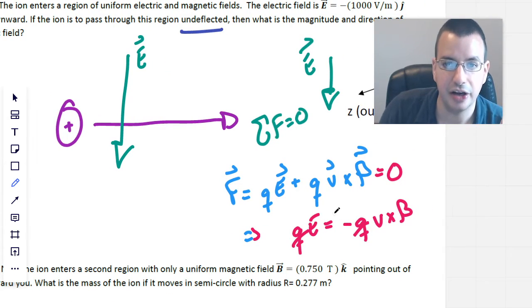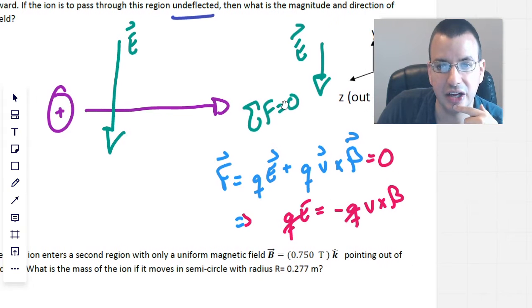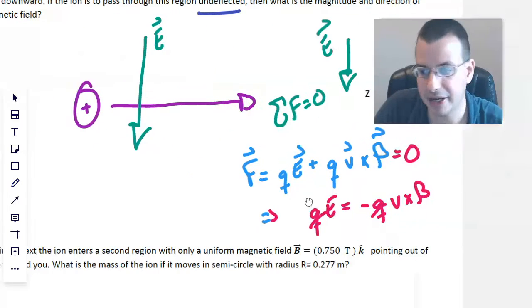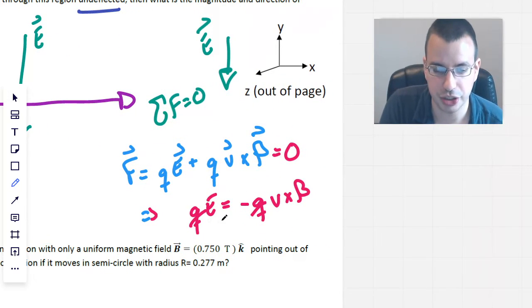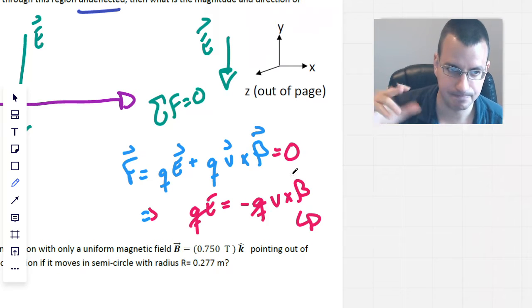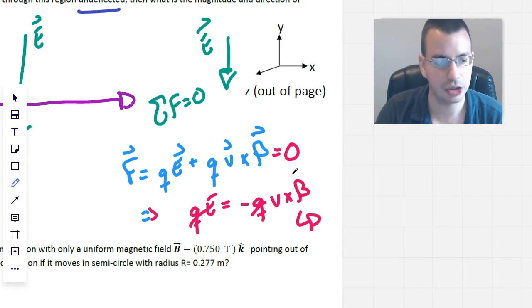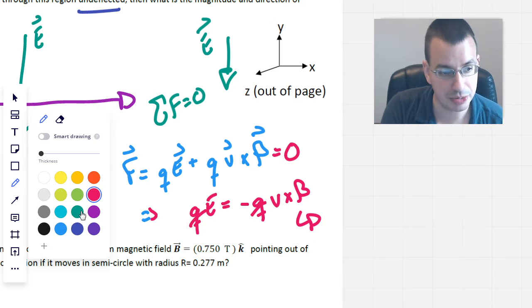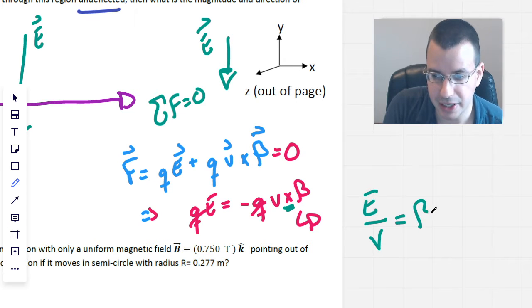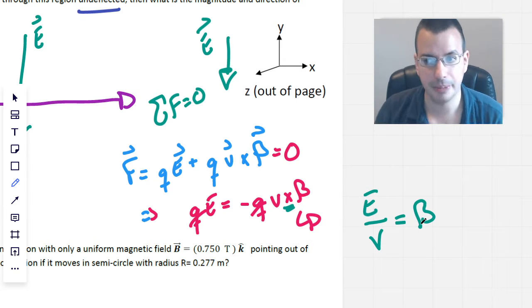We're trying to find the magnitude and direction of the magnetic field. So we had this equation, we rearranged it, and everything here is going to be perpendicular, so I'm going to drop the cross product and just write this as E over V equals B. Now this will give us the magnitude, but not necessarily a direction.